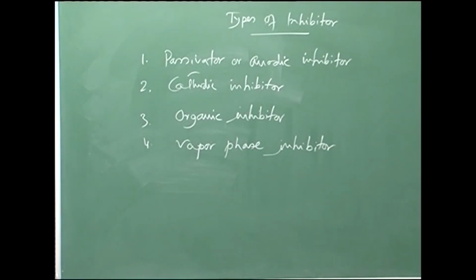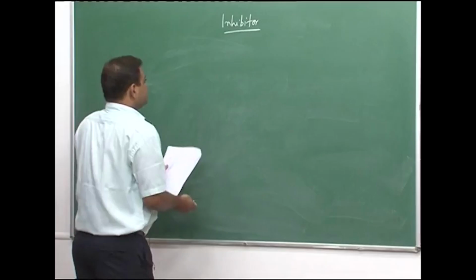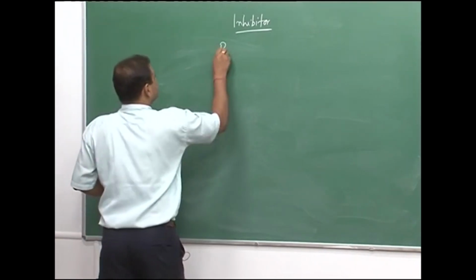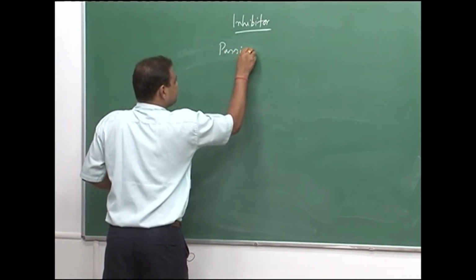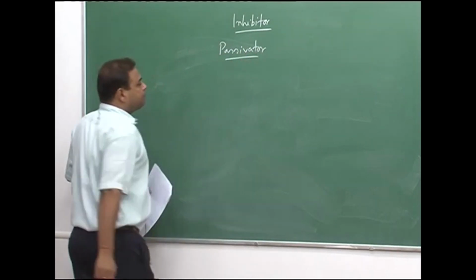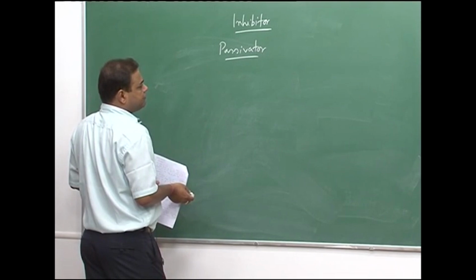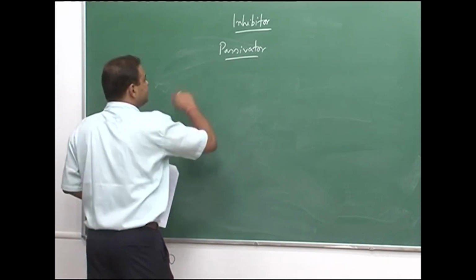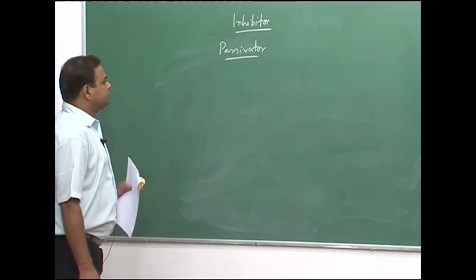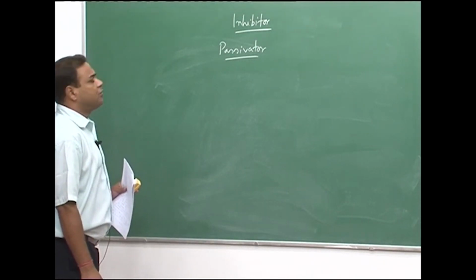Now, if we come to the passivator or anodic inhibitor, what they do is form a passive layer or help in forming the passive layer.